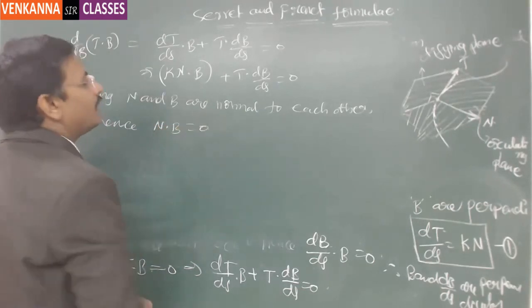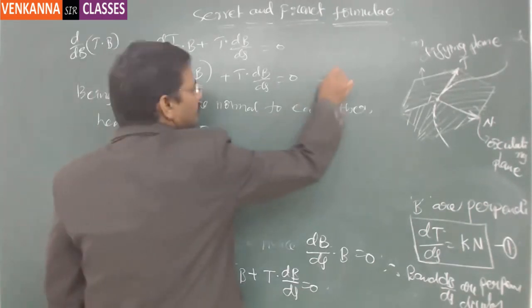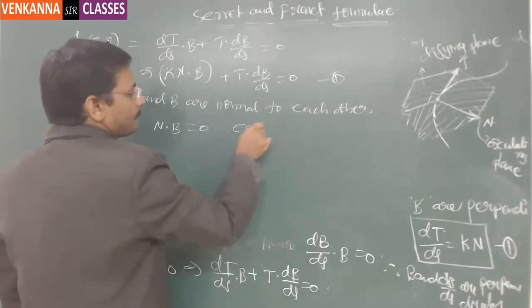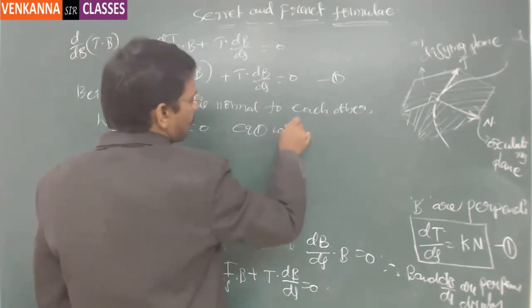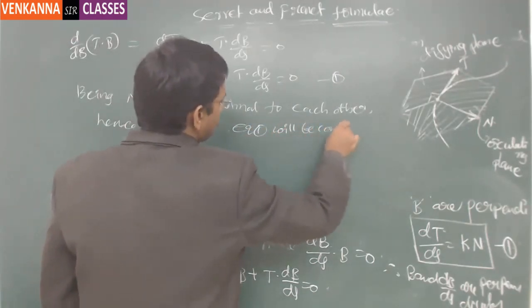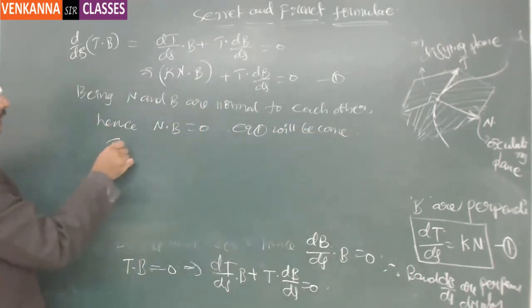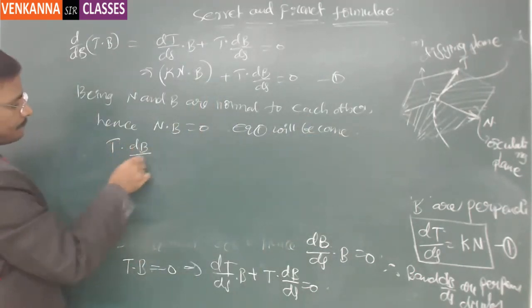So if n dot B is 0, then equation number 1 becomes T dot dB by ds equal to 0.